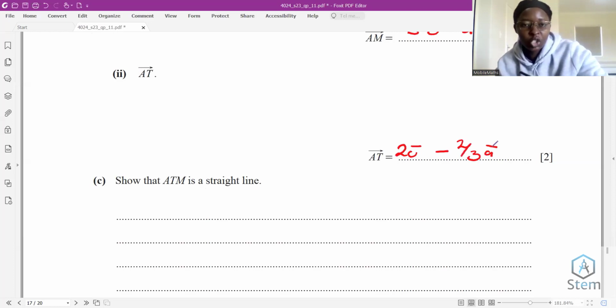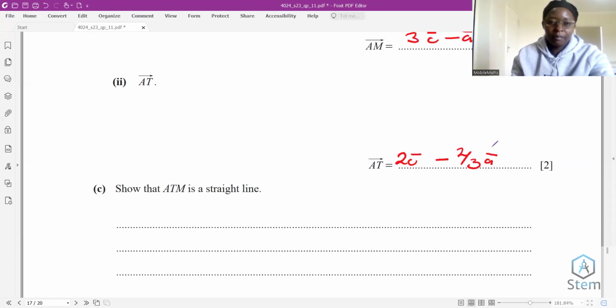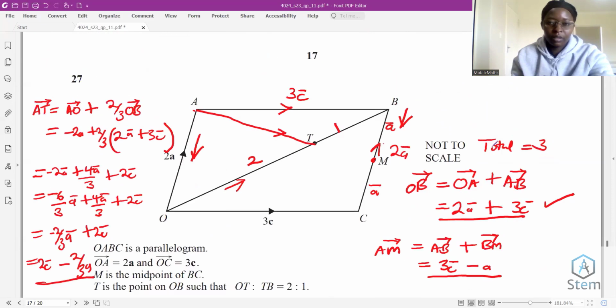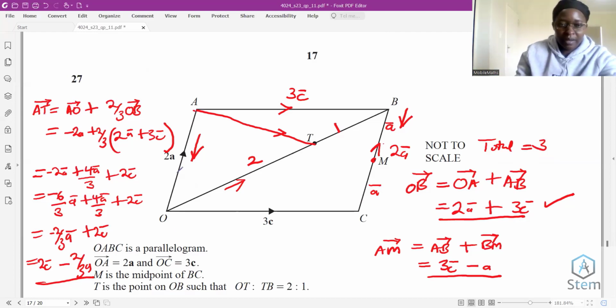Now they are saying, show that ATM is a straight line. Okay, fine. ATM, show that ATM is a straight line. Okay, so to show that ATM is a straight line, we are going to say ratio of AM is to AT.